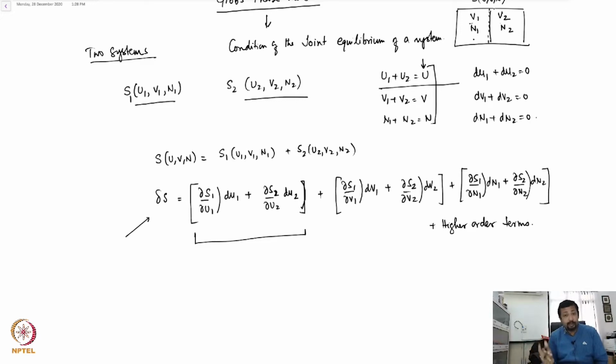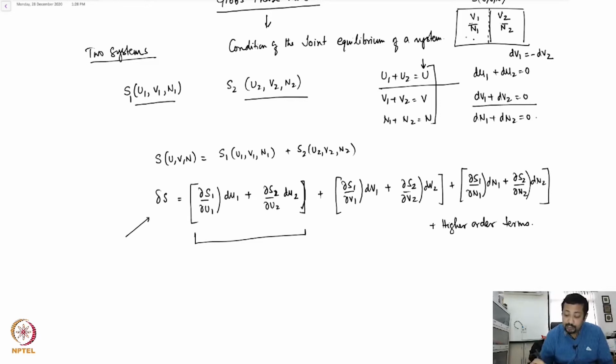You're not really putting a partition, but you're imagining that you have broken the system into two subsystems using an imaginary partition, and if you move this partition to the left a little bit or to the right, V1 and V2 are going to change. So any change in dV1 will be compensated by a change in dV2. That is exactly what this relation tells you.